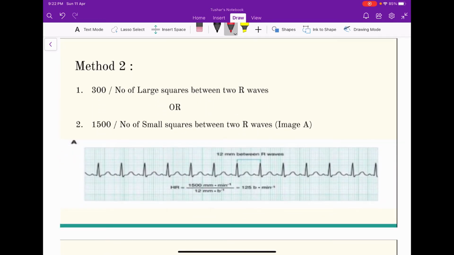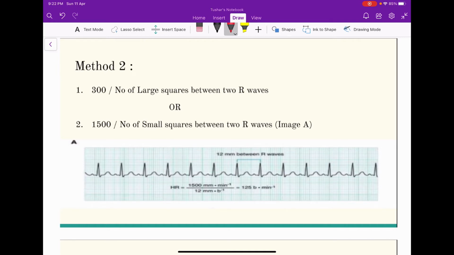The second method of measuring the heart rate has two ways. Either by measuring the number of large squares between the two R waves, or by counting the number of small squares.